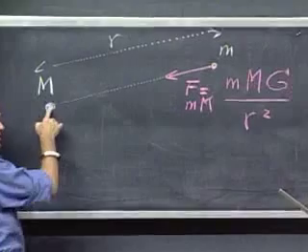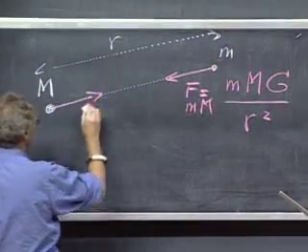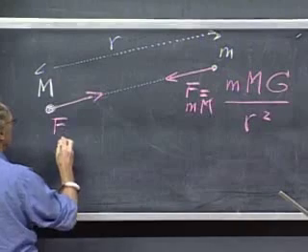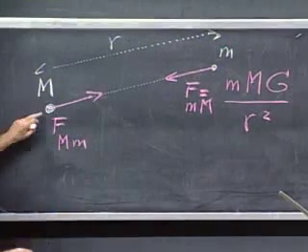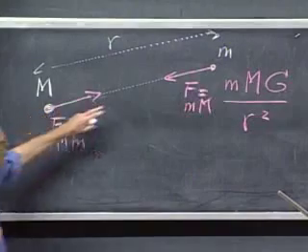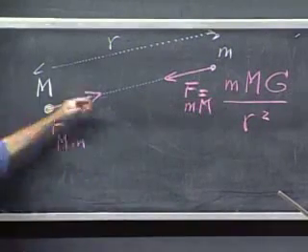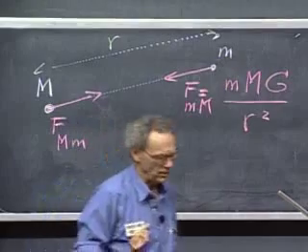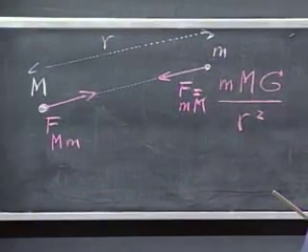Since Newton's third law holds, action equals minus reaction, the force that this one experiences due to the presence of this one is exactly the same in magnitude, but opposite in direction. And that is the universal law of gravity.